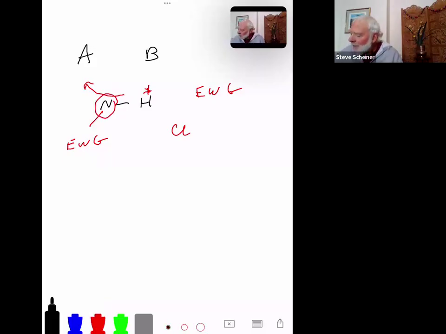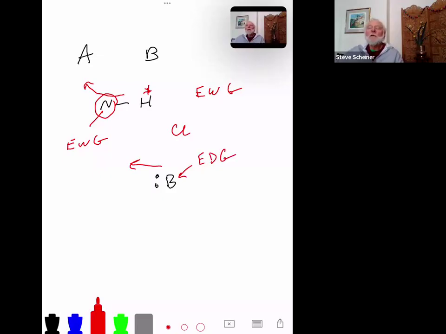Likewise, on the base, what it wants to do is donate its electrons away from here to here. What will allow that to happen is any electron donating group on the base that would help push electrons that way.